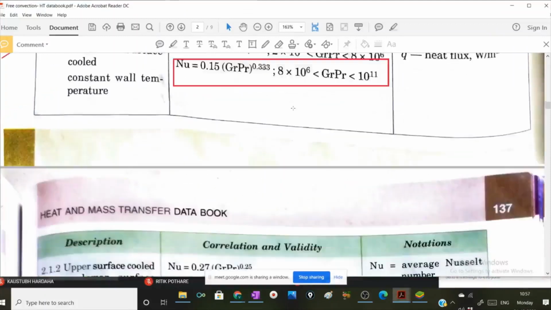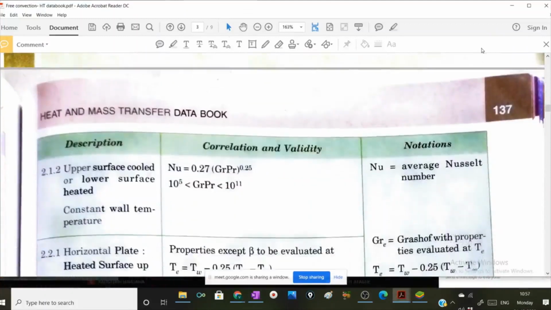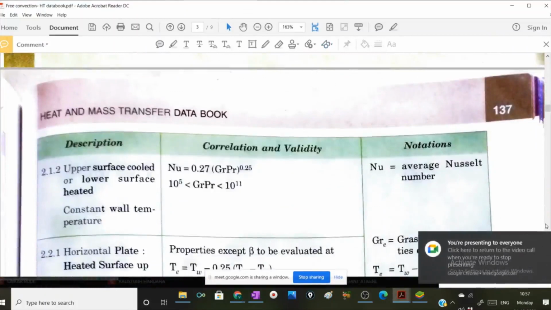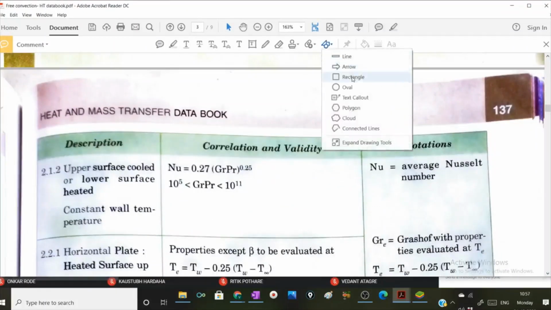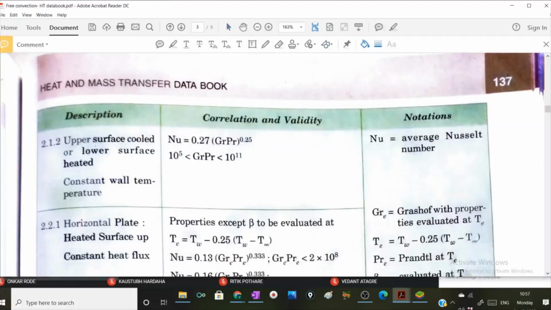Now see, it is a horizontal plate. Horizontal surface, upper surface cooled or lower surface heated, and constant wall temperature boundary condition.